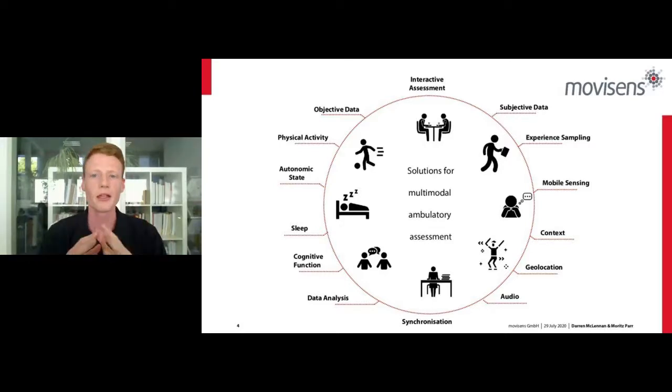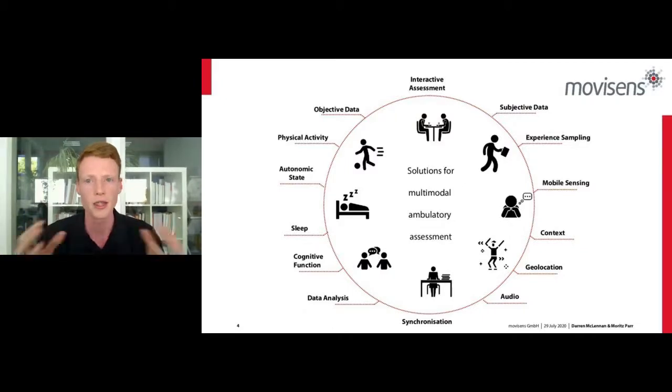I think what's important and special about movisens is that we are a company that is able to provide not only solutions for one part of ambulatory research, which is objective or subjective data, we are able to combine objective with subjective data in the range of interactive ambulatory assessment.